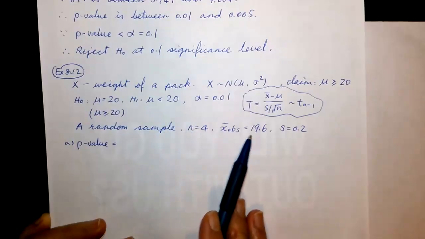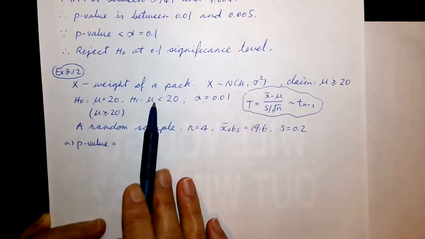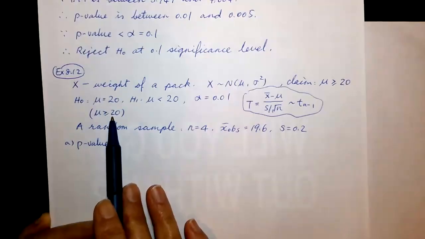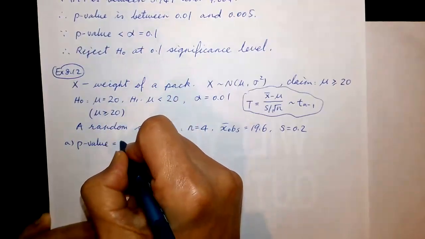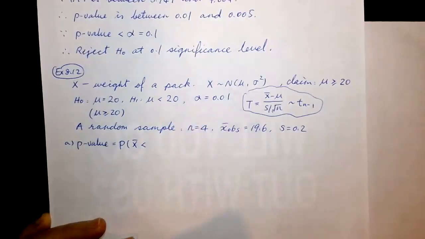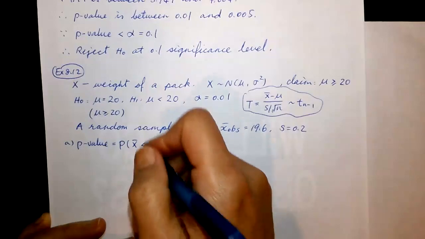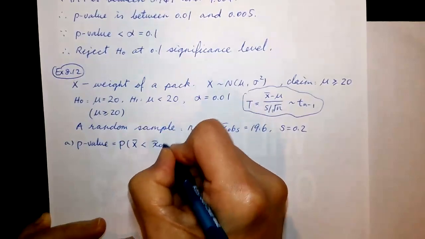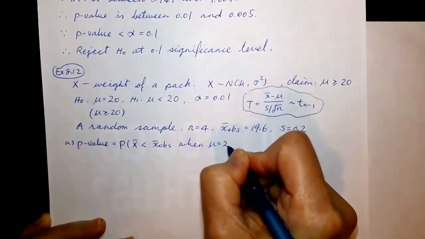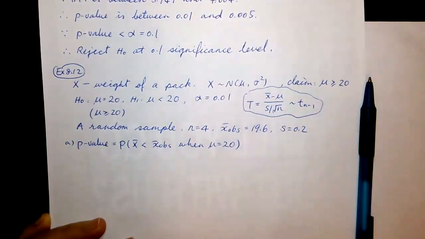So if I have the average of 4 packs give me only 10, I would say it's definitely less than 20. So the population mean can't be greater or equal to 20. So this probability, the lighter, the less you support H naught, when H naught is true.